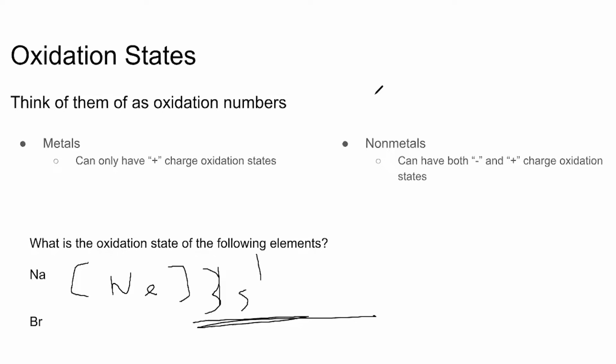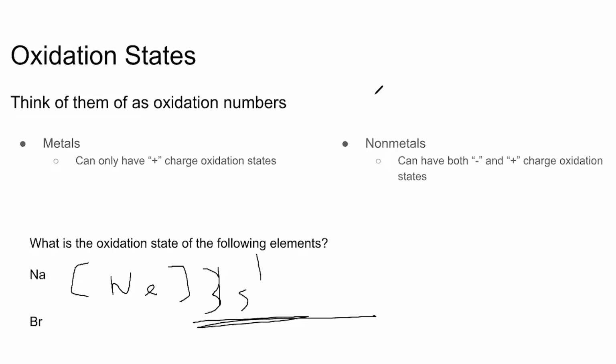Oxidation states are kind of like losing or gaining electrons. It relates to why some elements, when they turn into ions, have positive or negative charge. It's the probability of them losing electrons and stuff like that.